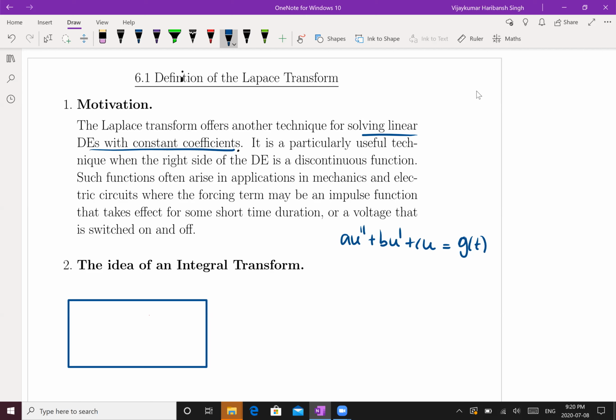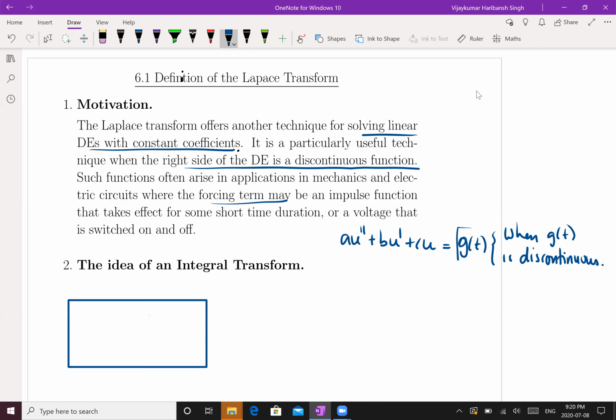In particular, it is useful when the right-hand side of the differential equation is discontinuous. So it's useful when g of t is discontinuous. Such functions often arise in applications in mechanics and electrical circuits where g of t is the forcing function.